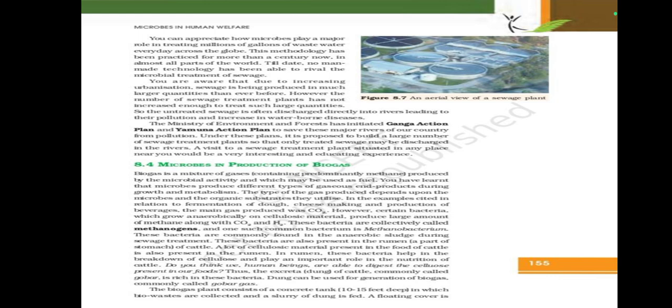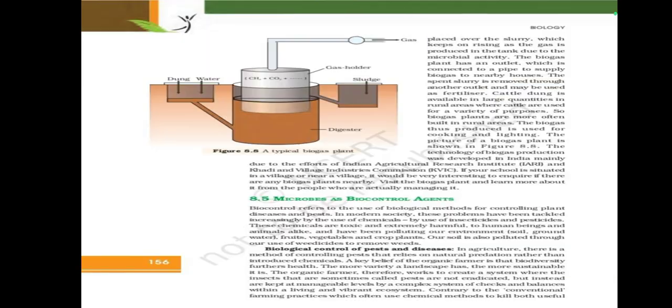Now, the biogas plant consists of a concrete tank 10 to 15 feet deep in which bio waste is collected and a slurry of dung is fed. A floating cover is placed over the slurry, which keeps on rising as the gas is produced in the tank due to the microbial activity.